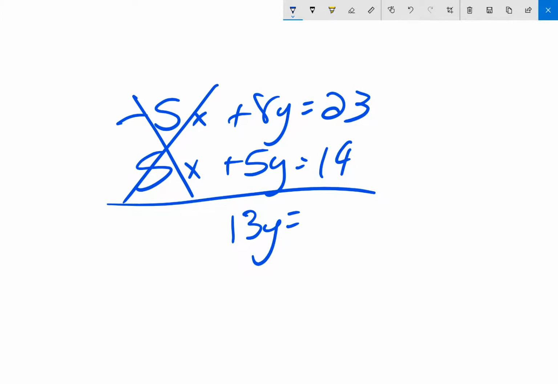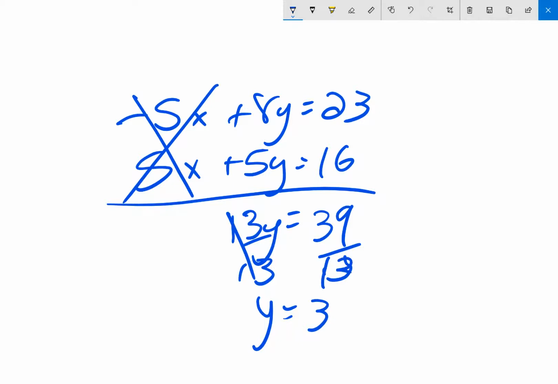And on the other side, I've got 23 plus 14, which would be 37. Actually, let me make this easy. Let's make that 16. 23 plus 16 would be 39. Now it's going to be a nice answer. Dividing by 13 on both sides, y equals 3.